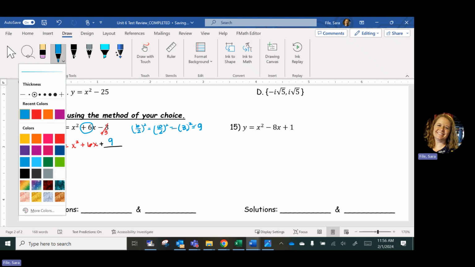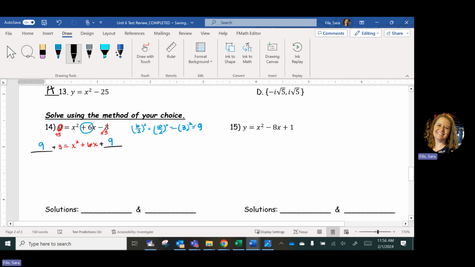So then on the left, I just go ahead and simplify that. And then over here, this perfect square trinomial is going to change into a binomial squared. And remember, what goes in here with x is half of b. So half of 6 is 3. It keeps the sign, so it's plus 3.